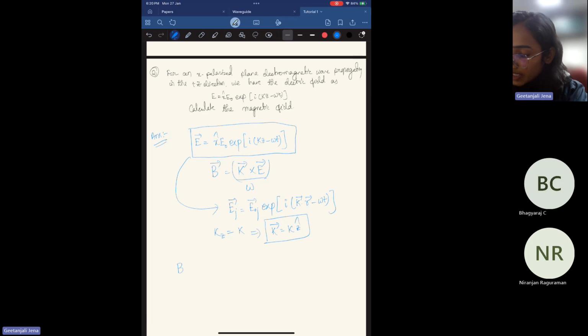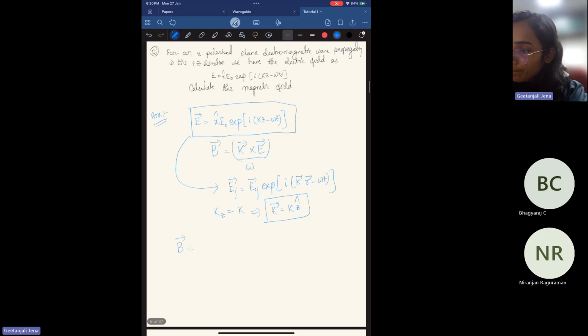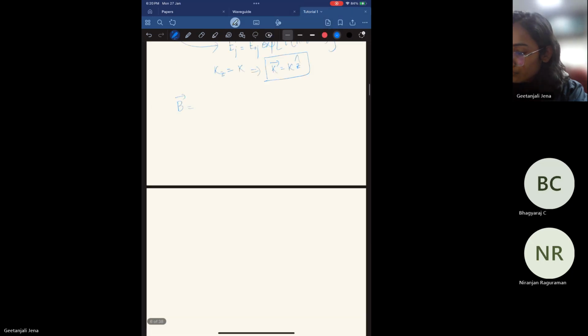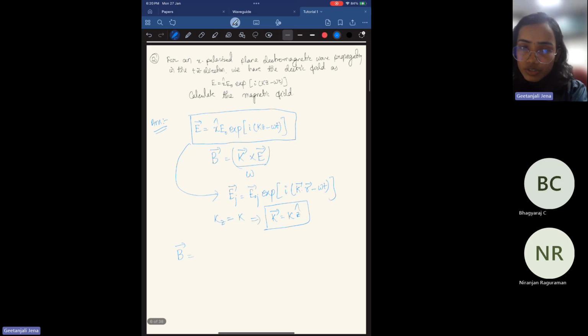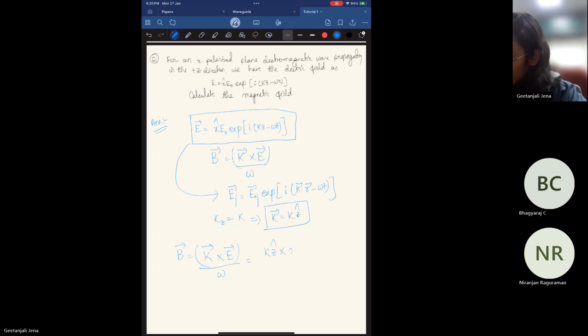So you can easily calculate what B is here. So B is nothing but k cross E by omega. So k is k z cap cross x cap E0 exponential i(kz minus omega t) divided by omega.